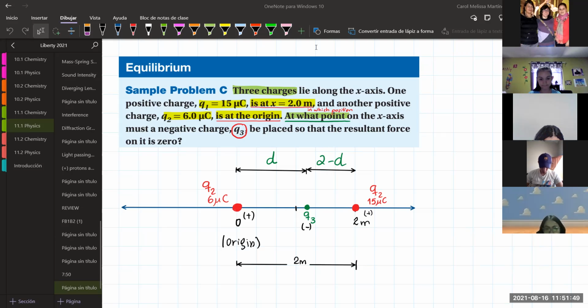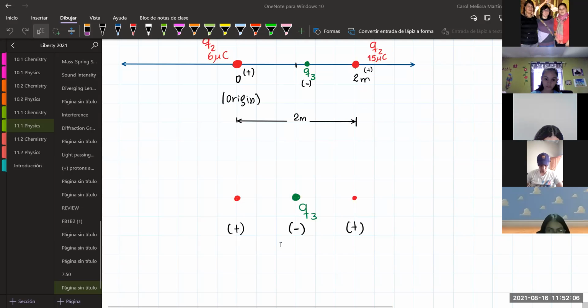I have Q2 right here. And I have Q1 right here. This is a negative charge. This is a positive charge, like this. Sorry, you're not seeing. This is what I have, okay? This is what I have.